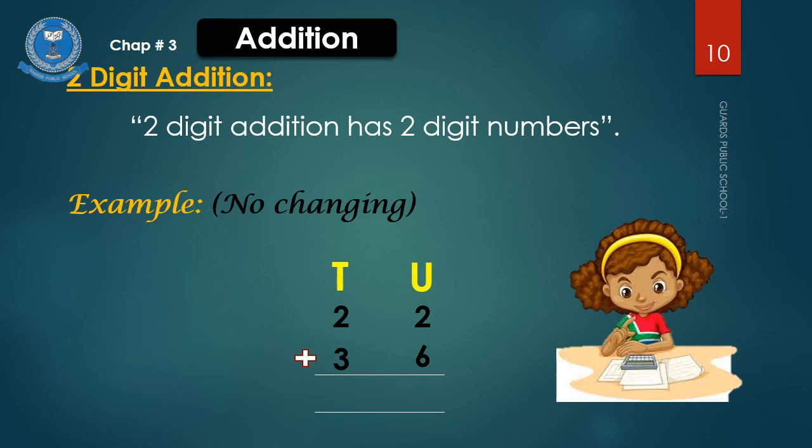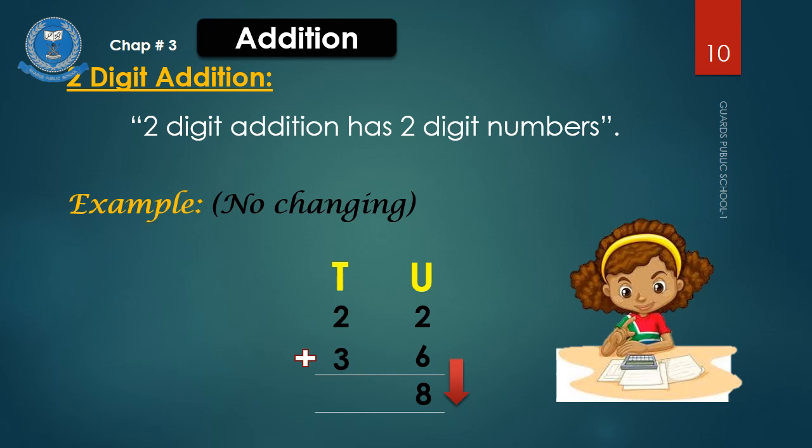Now, let's recall step number 2. Yes, first we start addition with unit numbers. Can you see what the unit numbers are here? It's 2 and 6. After adding these numbers, the answer will be 8. Now, recall the third step.